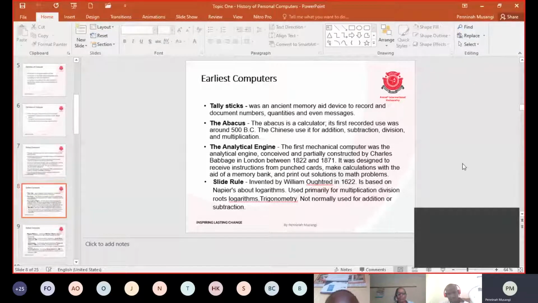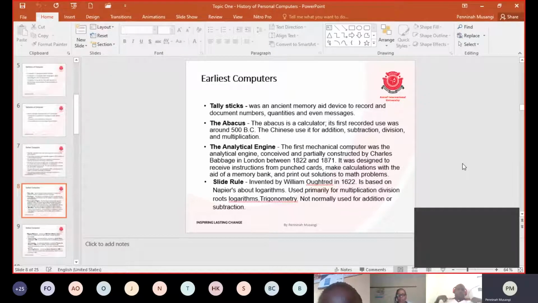Another early form of computer was the slide rule, and it was based on what we call Napier's logarithms. They used it primarily for multiplication, division, roots, logarithms, and trigonometry.